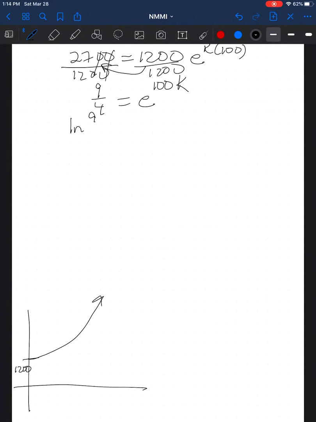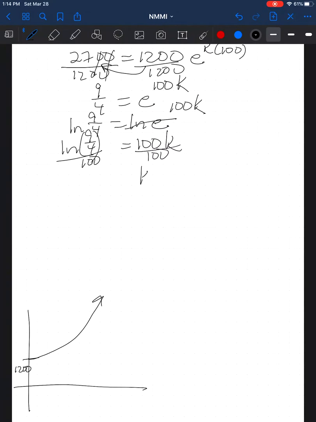So natural log 9 over 4 equals natural log e to the 100k. That cancels. So I have 100k equals ln of 9 over 4. And then to get k by itself, we divide both sides by 100. So there's our constant. And that's an exact value, and I'm not going to round it off.